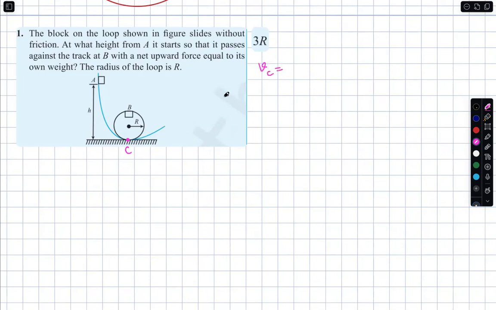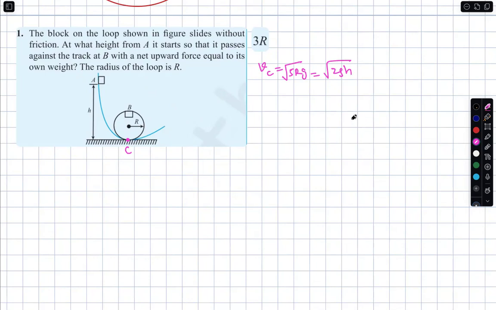Forget about the left half of the question. To maintain vertical circular motion, what is the condition required? VC is root 5 RG. But if you apply the conservation of energy across AC, this will become root 2 GH.